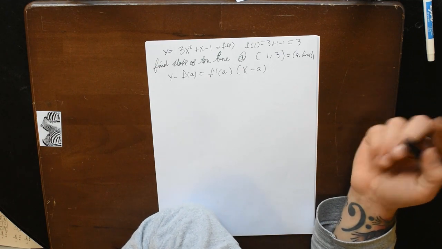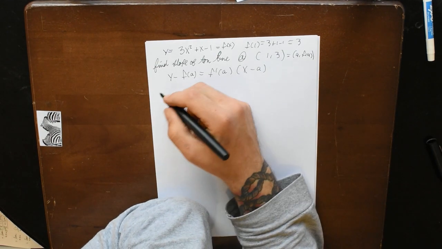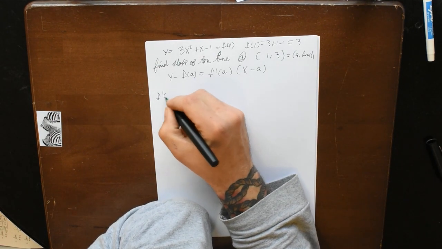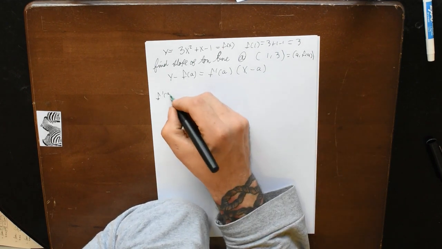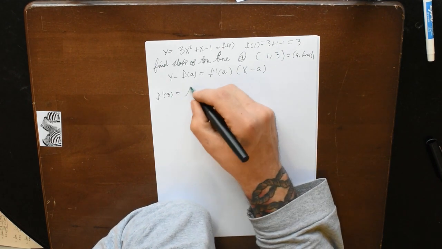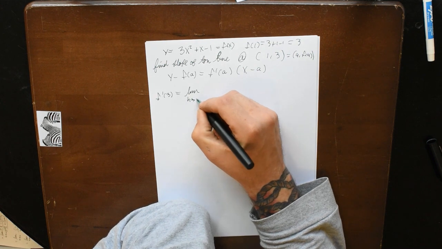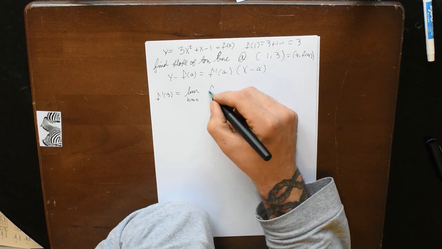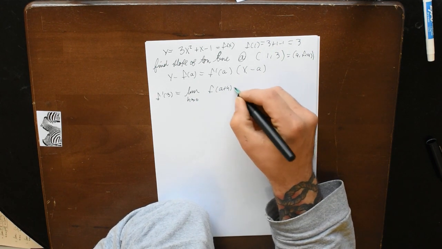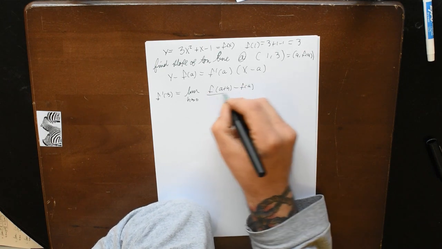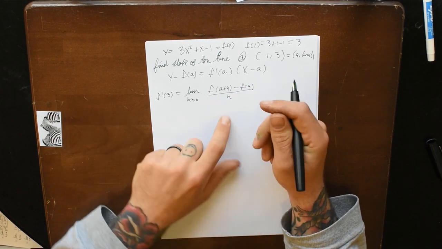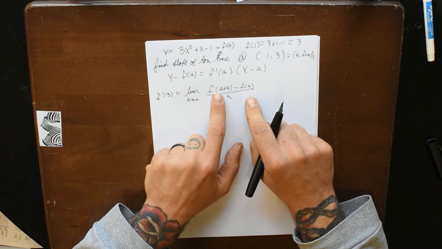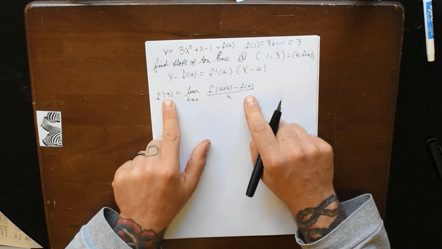So what you would have been doing is calculating f prime of a, which is equal to the limit as h goes to 0 of f of a plus h minus f of a, all over h. Same thing as what we did all lecture long, except we're finding the slope at a specific point.